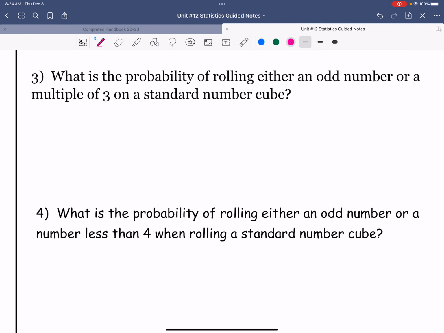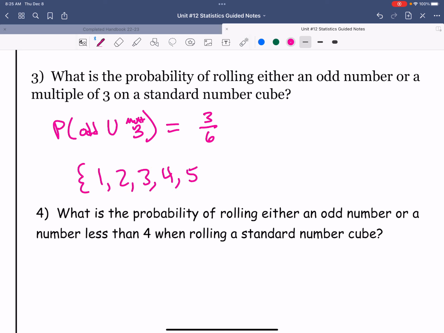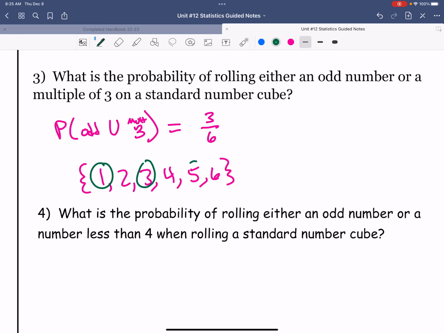What is the probability of rolling either an odd number or a multiple of 3 on a standard number cube? Well, the probability of an odd number is 3 out of the 6, because in our 1, 2, 3, 4, 5, 6, odd numbers include here, here, and here.